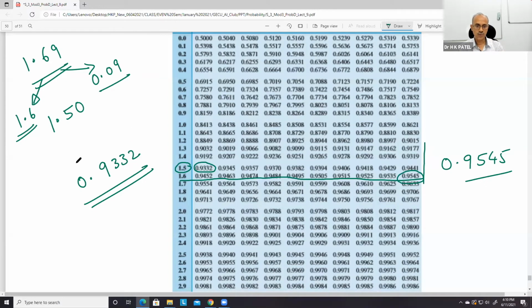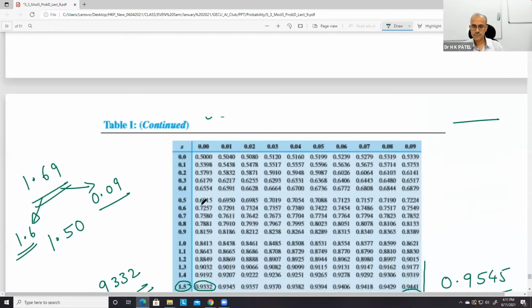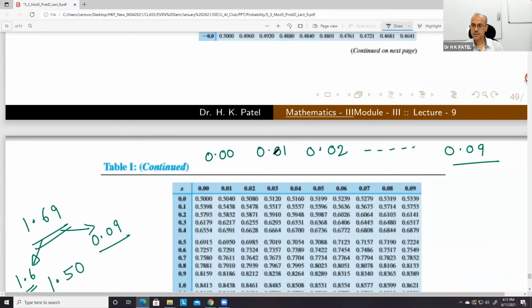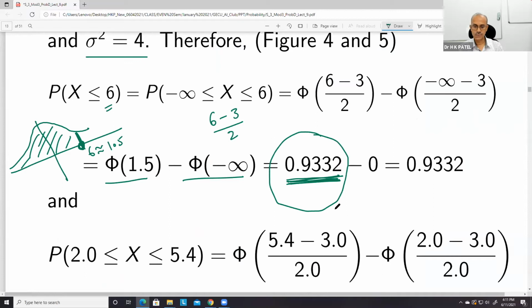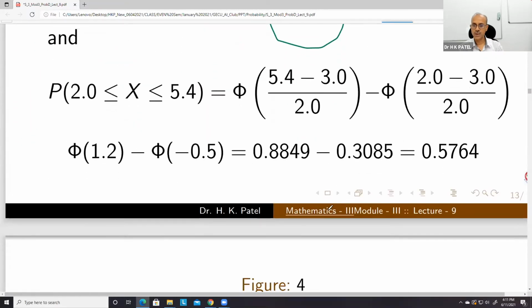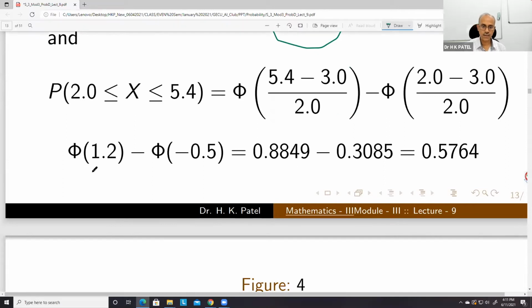All right. So our number is 0.9332. Let us see whether it is there or not. This one, 0.9332 minus 0. Now similarly, again here you can see that this is 1.2 and minus 0.5.